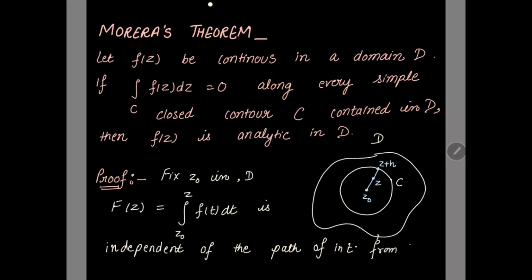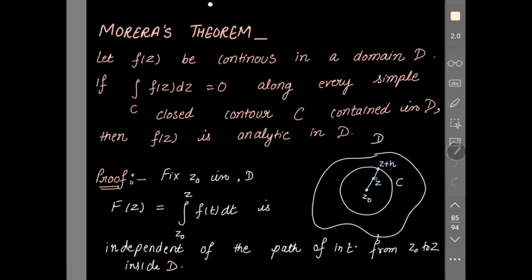from z0 to z inside D. Fine. Next, now what we have to do is I have chosen a small h in absolute value so that this line segment z to z plus h lies inside D. So small h I have chosen.